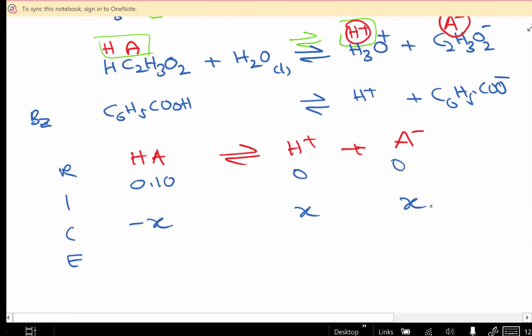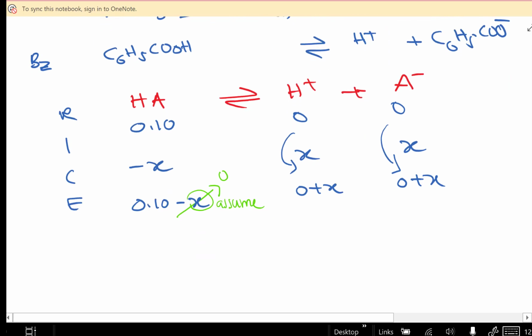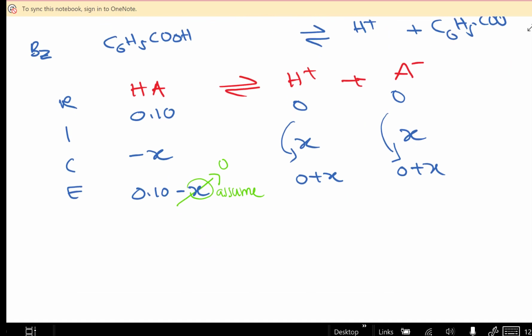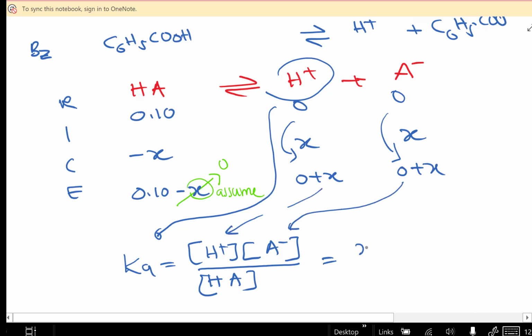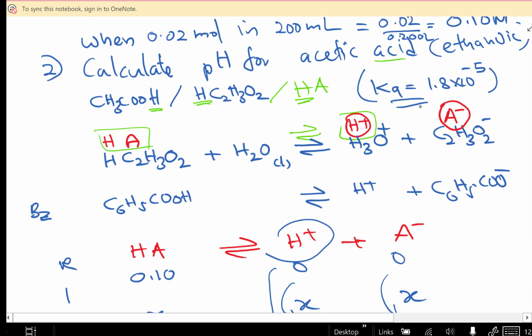Let's put it there, 0.1 molar, 0, minus x, x, x, 0.1 minus x, 0 plus x, 0 plus x, right? This x is negligible by the assumption because it's such a small value, and H plus appeared in the equilibrium, it's a Ka. So product over reactants, plug in the x values, x squared over the molarity, right?